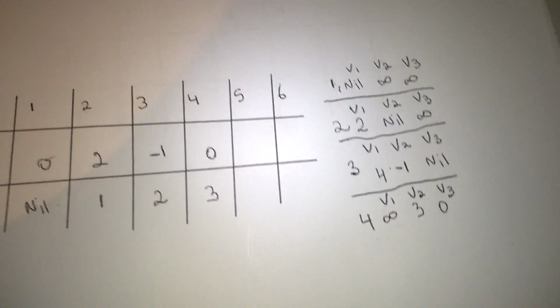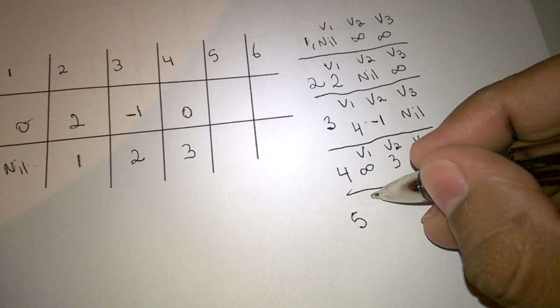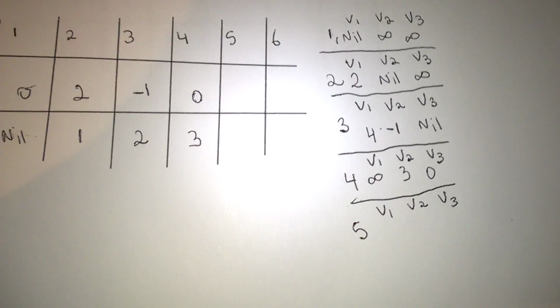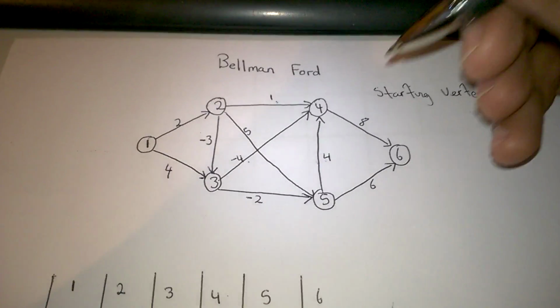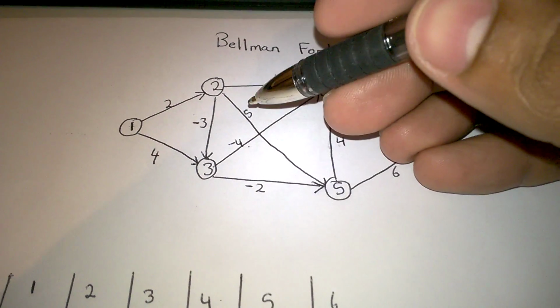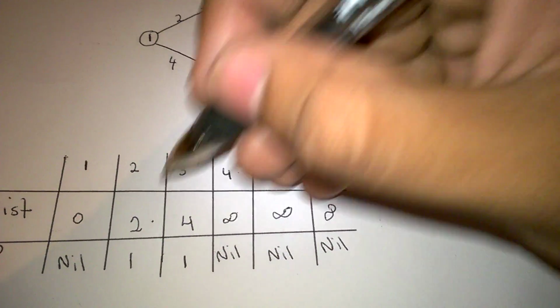Cool. So we're going to do 5 now. So v1, v2, v3. Same story again. Could we reach v5 from v1? No, so we put infinity. Could we reach v5 from v2? Yes, we can at the cost of 5 plus 2, 7.